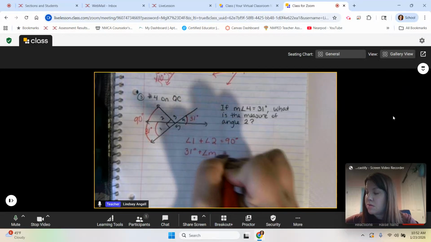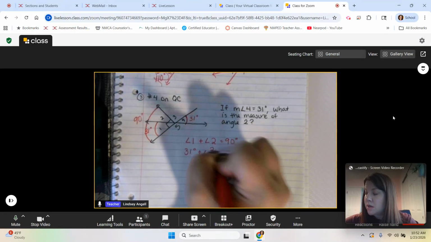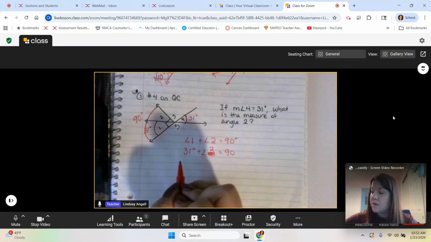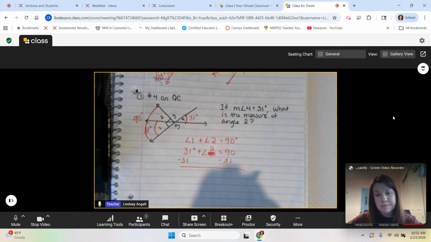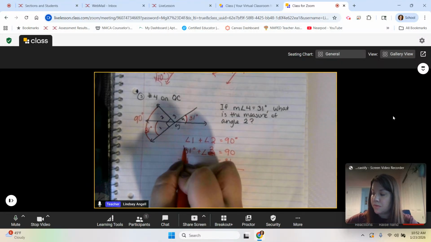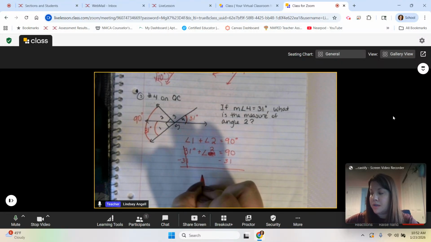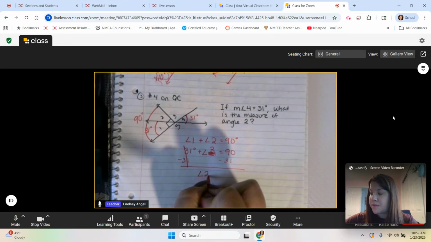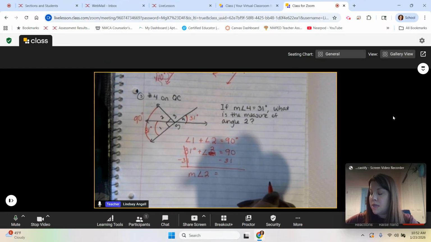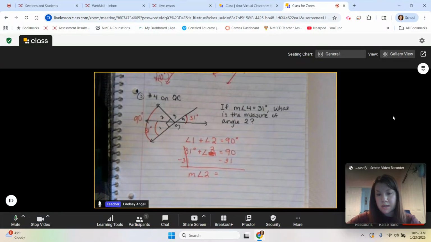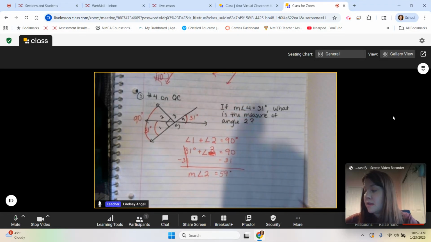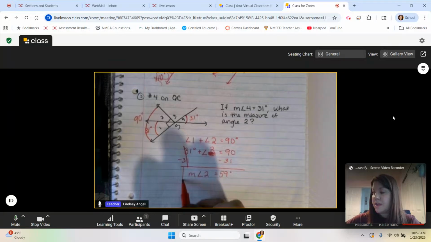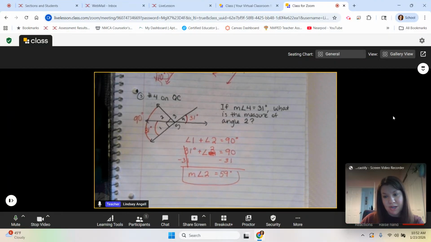We don't know angle 2 yet, but we can take that 31 away from the 90 on both sides of our equation. Then we're left with the measure of angle 2. 90 minus 31: 90 minus 30 gives me 60, minus 1 more gives me 59. So the measure of angle 2 must be 59 degrees.